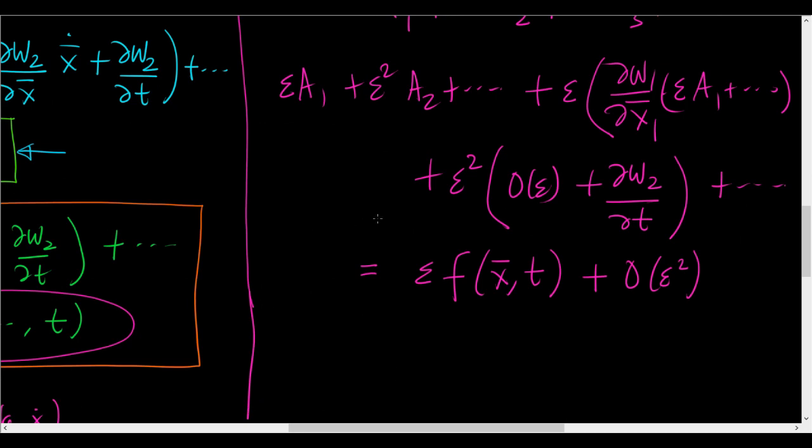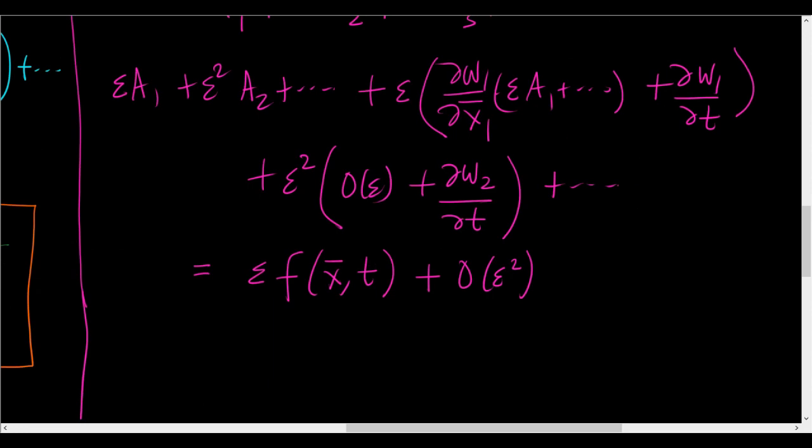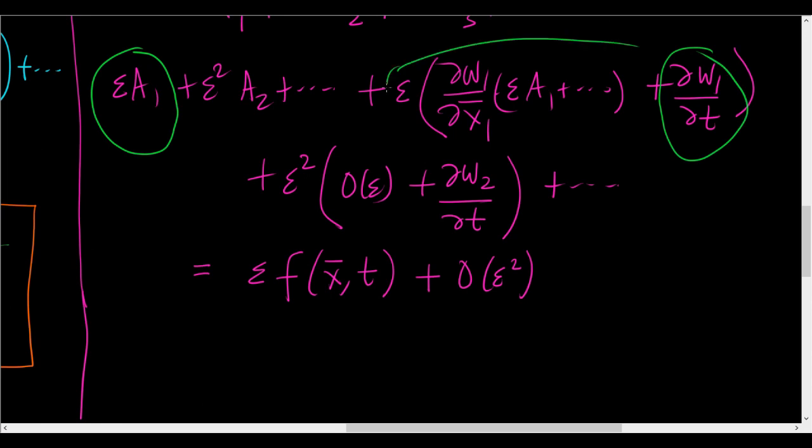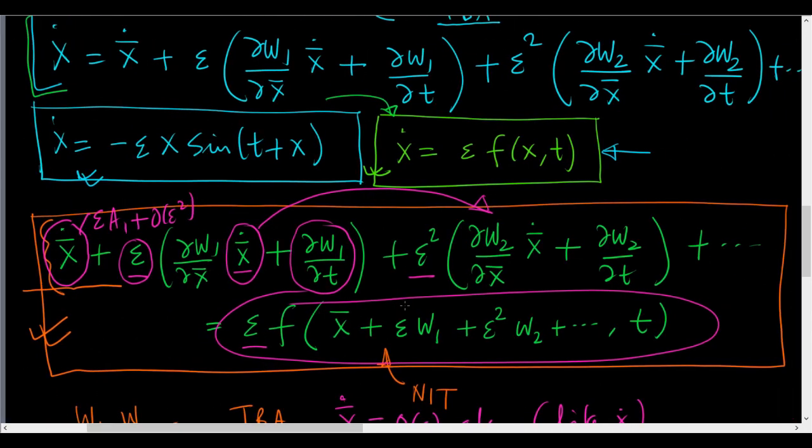But what is really important is that at order epsilon, I have this multiplied by this, I have this. Why is this order epsilon squared? Get used to it. This is the change from x bar, right? So this epsilon and that epsilon make it epsilon squared.